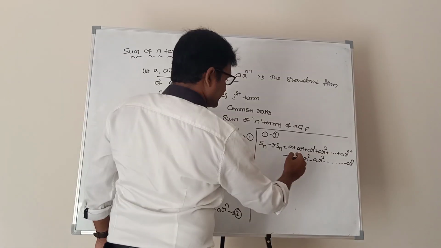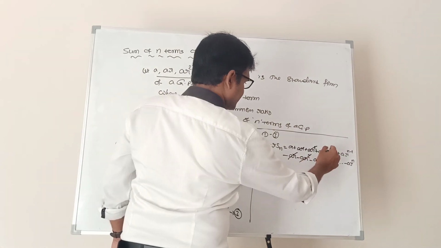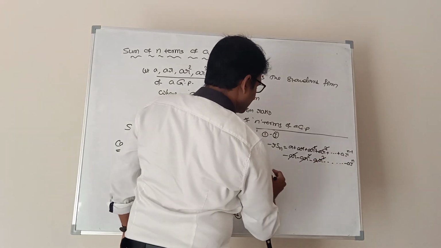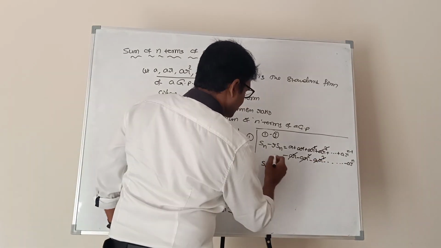So plus ar minus ar, plus ar squared minus ar squared, plus ar cubed minus ar cubed. All terms get cancelled. Sn is common on the left hand side.